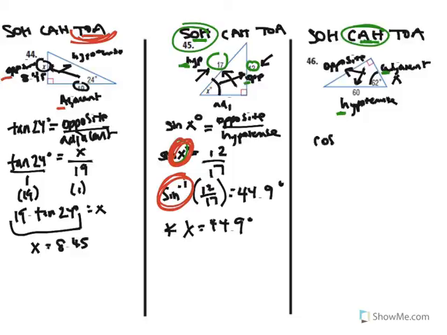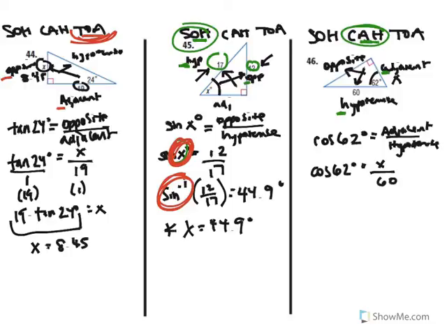So I get the cosine of 62 degrees equals adjacent over hypotenuse. And I get the cosine of 62 degrees equals x over 60.